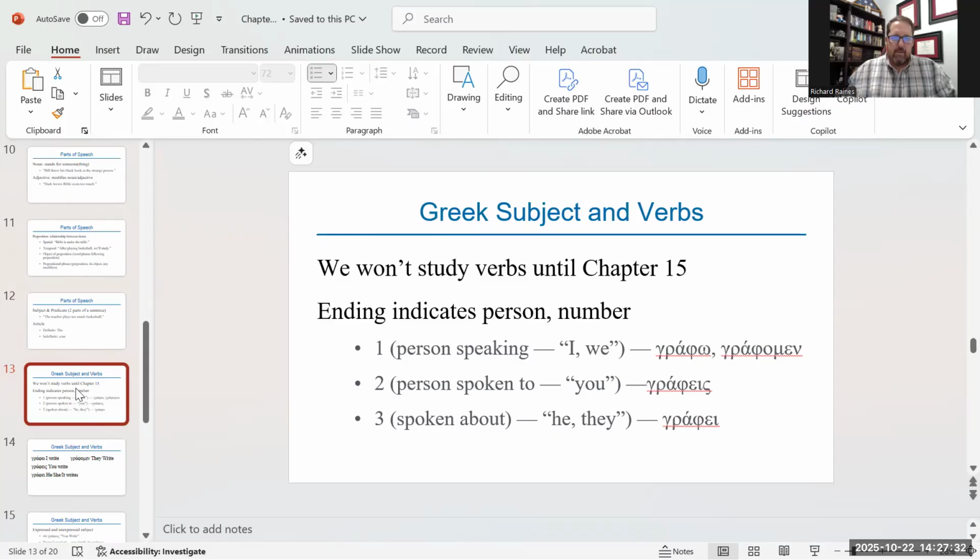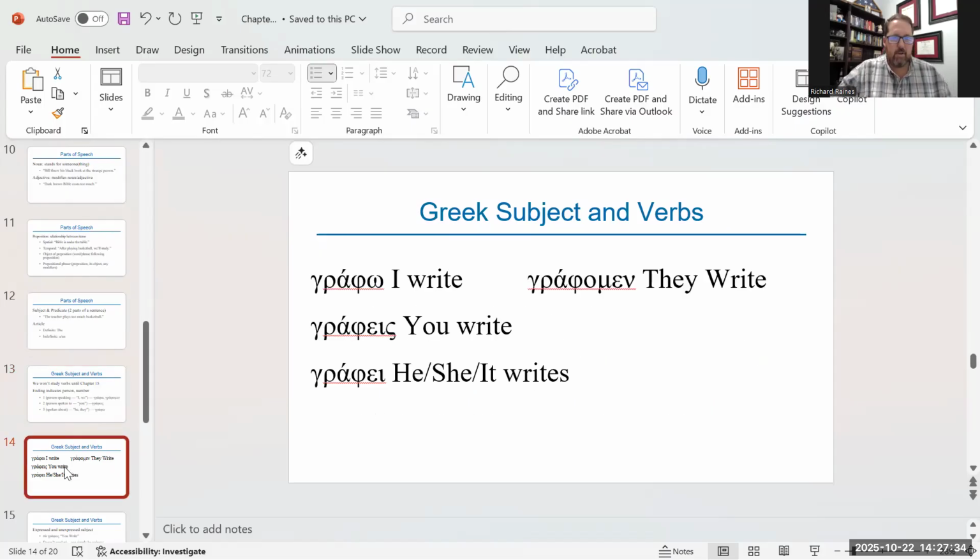So let's take grapho, right? You learned that word last night or the night before, Monday night. You learned grapho, which means "I write." You probably learned graphe, which is "writing," but grapho is "I write." Well, you can see that grapho ends with an omega.